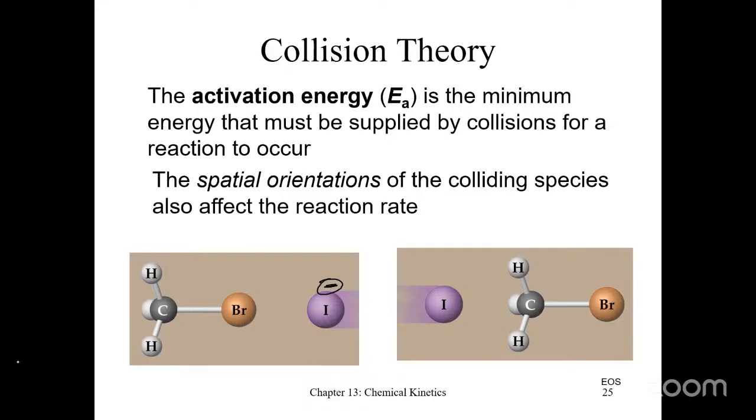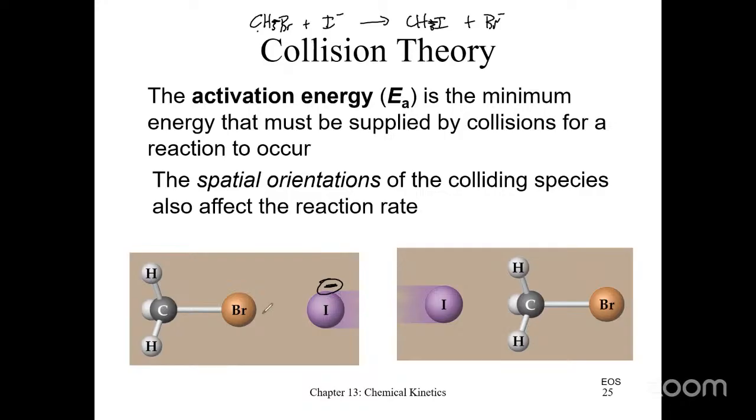The actual reaction is CH3Br plus I minus to give CH3I plus Br minus, all right? So basically, this bond between the carbon and the bromine must be broken, and a bond between the iodide and the carbon must be formed.